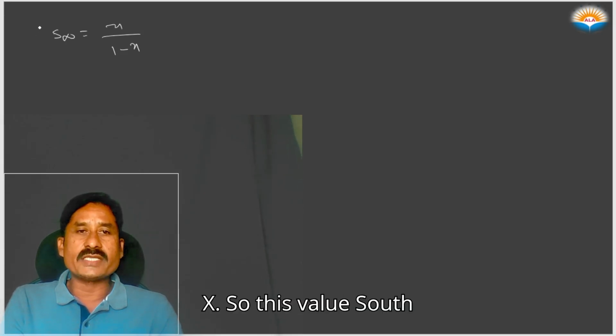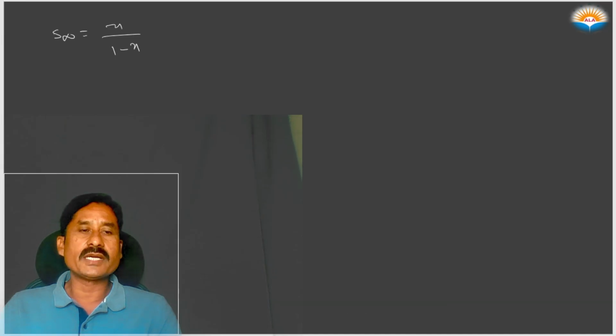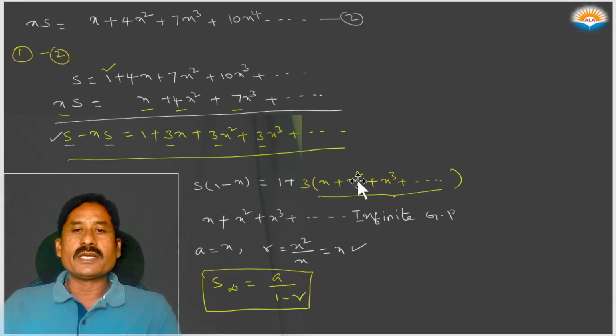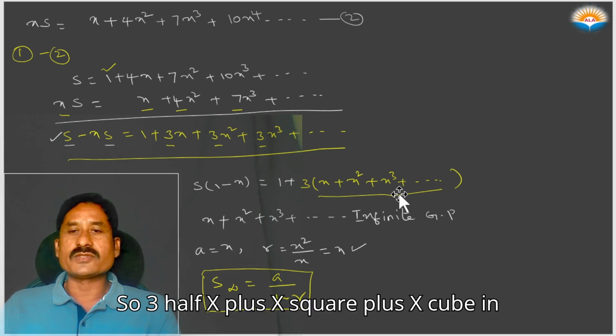So this S infinity value we substitute here in this place, for 3 of x plus x square plus x cube.